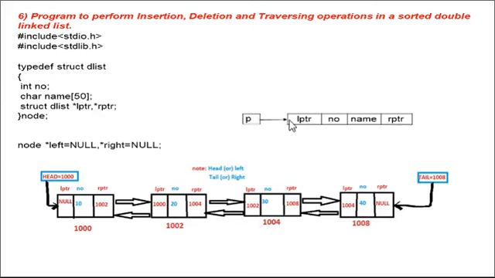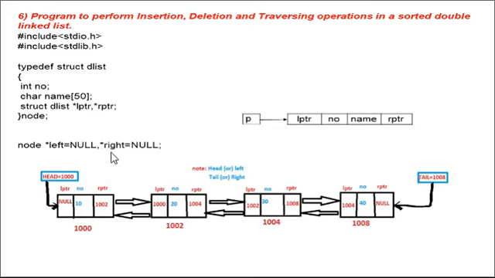These two pointers, left pointer and right pointer, are the pointers within the node. And if you observe, left and right are also pointers of type node. The left pointer always points to the leftmost node in the list, and it is also called the head pointer or start pointer.